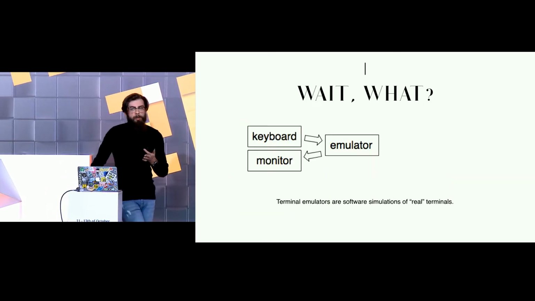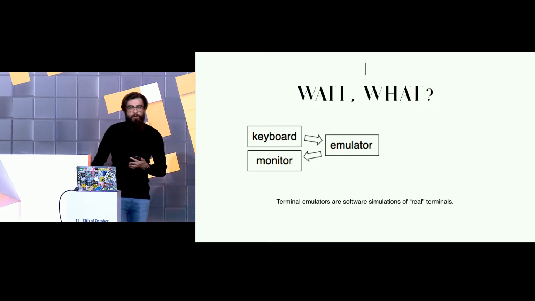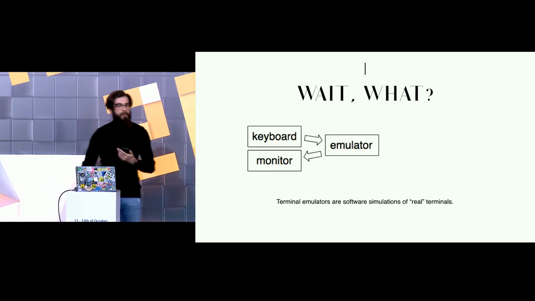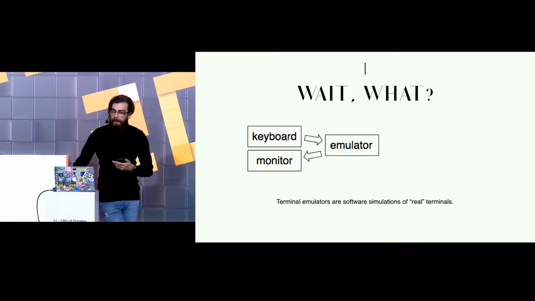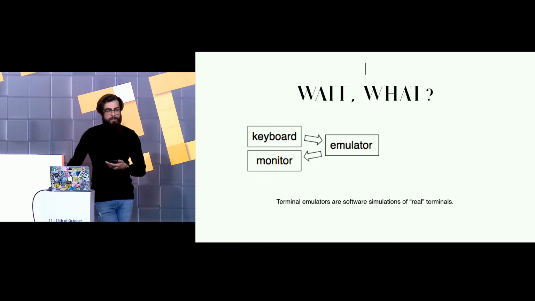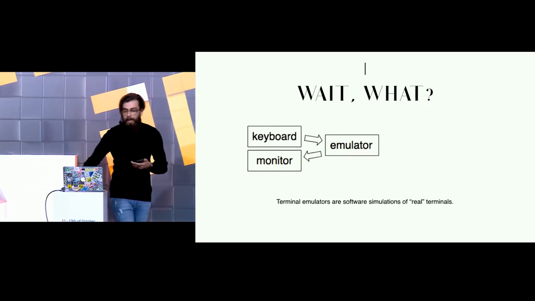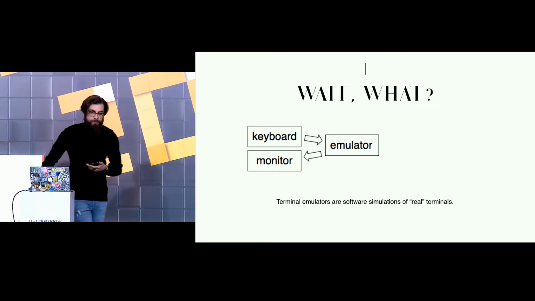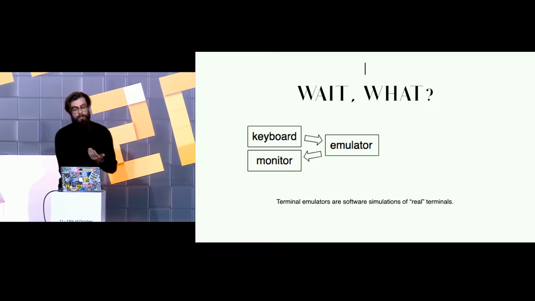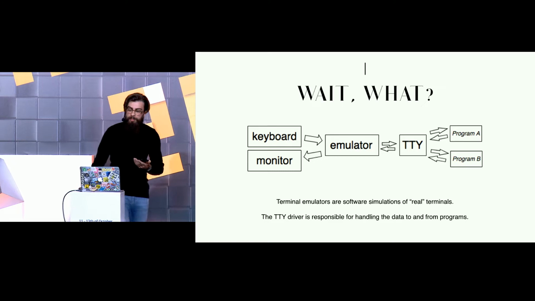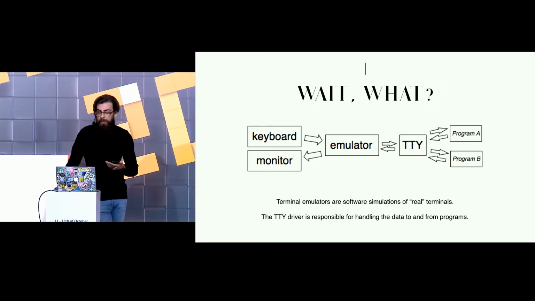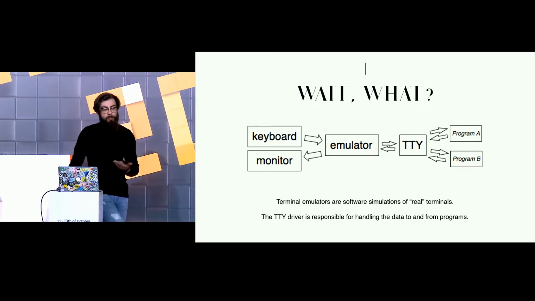And now just going one level deeper. I would like to give you a sense of how these things communicate, and also get an opportunity to talk a bit about streams. So when you use an emulator, what happens is that your keyboard provides some input to your emulator, which then passes it to something we call the TTY driver, which handles data to and from programs.